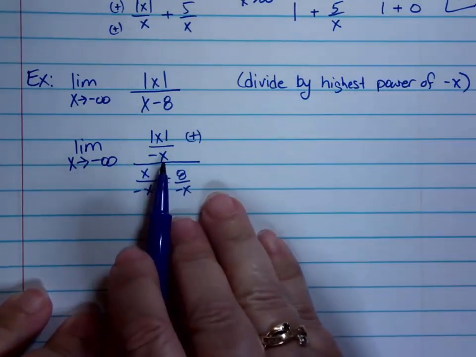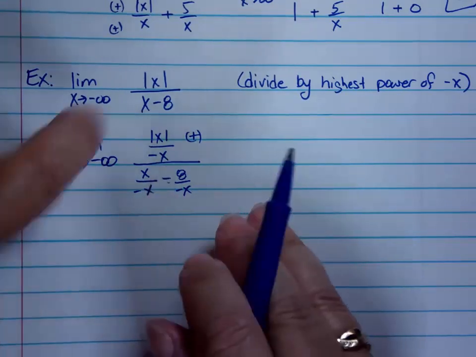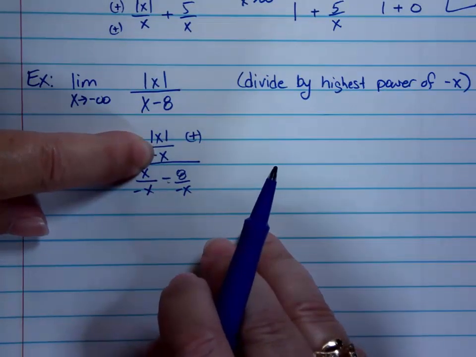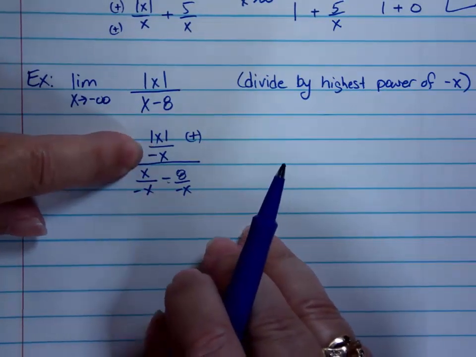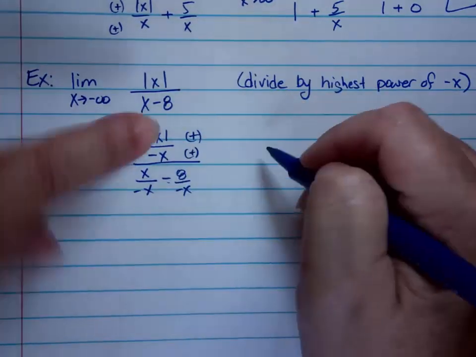If I put negative 1 billion in for the x here, after all is said and done, what sign will it be? Now remember that x is negative 1 billion. So now it's going to be positive. Do you see that? It's a double negative. So this is positive.